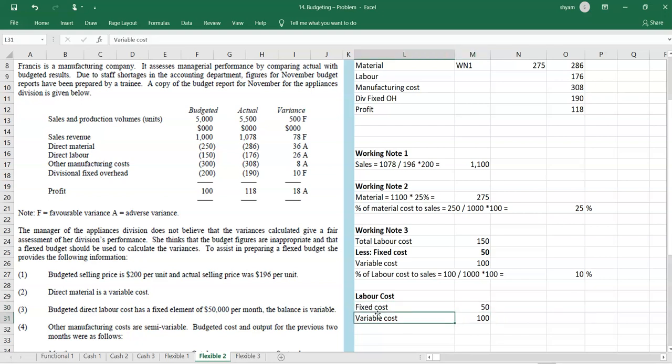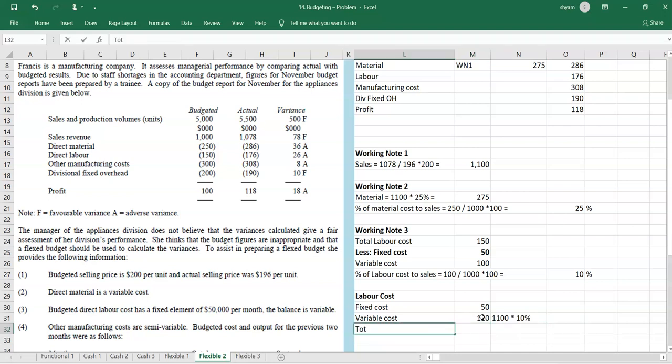The fixed is 50, and the variable cost won't be 100, it will be 10% of 1100, so I think that would be 110.